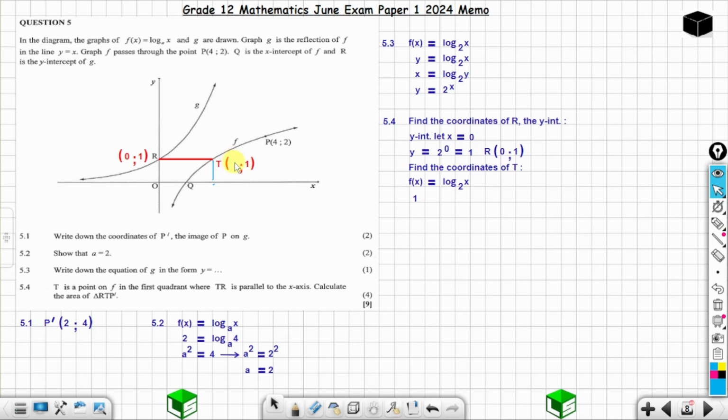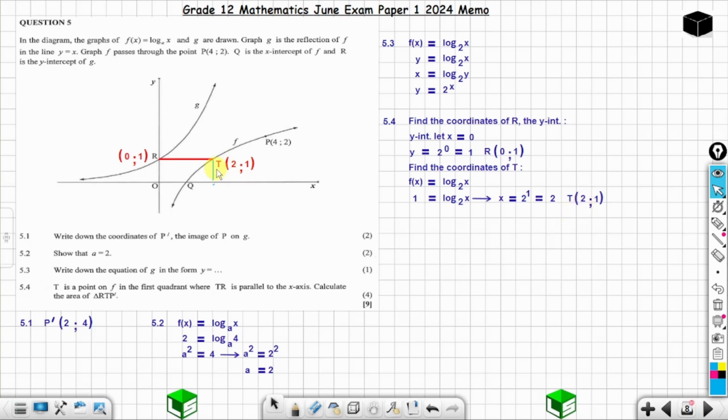We need x. This is equal to log of x base 2. x is equal to 2 to the power of 1. So you have 2. Now you have the x coordinate, the coordinate of t.